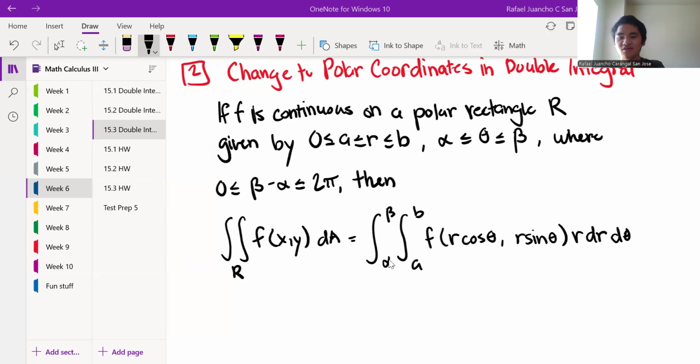So here we integrate with respect to r first, and then we integrate with respect to theta. But we can reverse the order. And then we replace our dA by r dr d theta. So there's an additional r factor there, right?